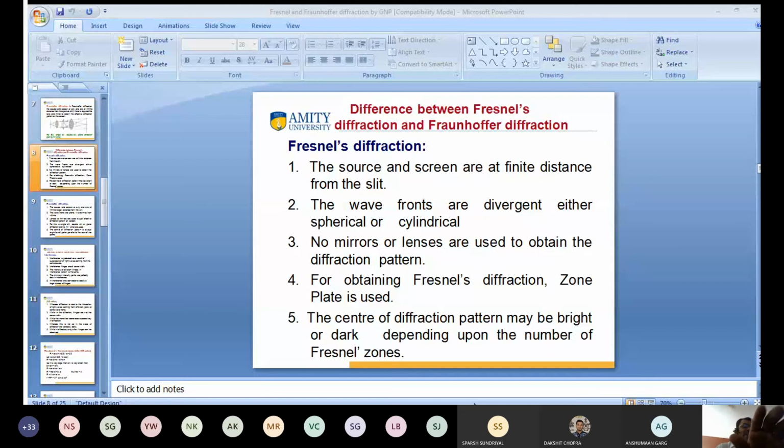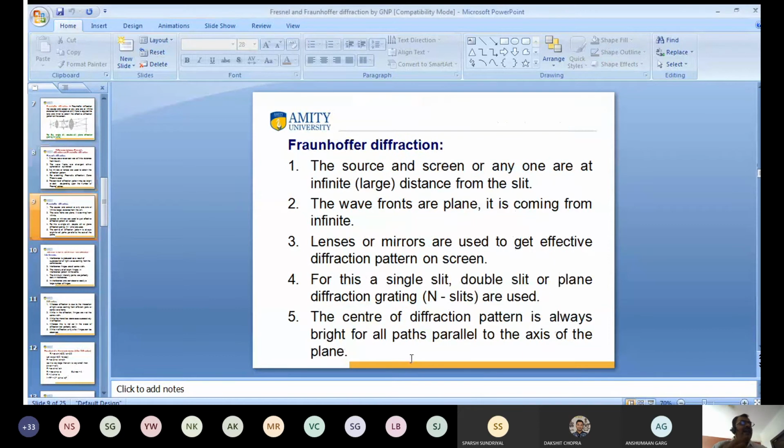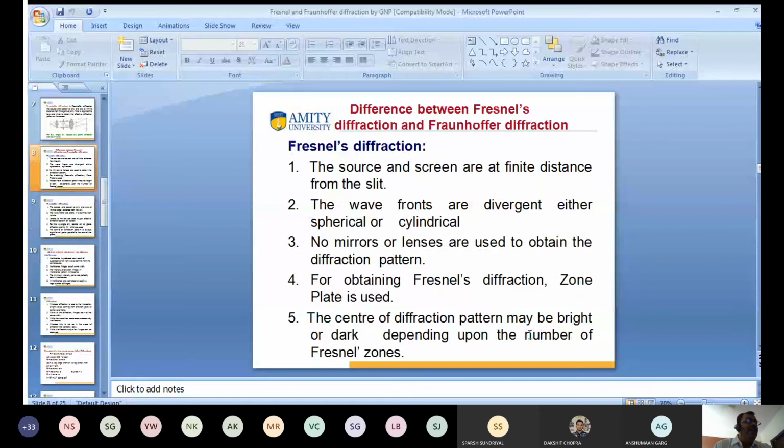So it depends upon the zones whether it will be bright or dark. But in the case of Fraunhofer diffraction, the center of the diffraction pattern is always bright for all paths parallel to the axis of the plane. This is the fifth difference between Fresnel and Fraunhofer diffraction.